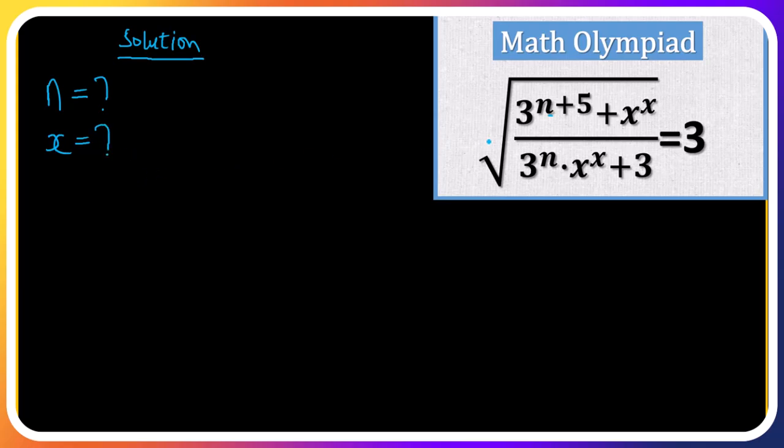From the given exponential equation, we would first eliminate the roots by squaring both sides.